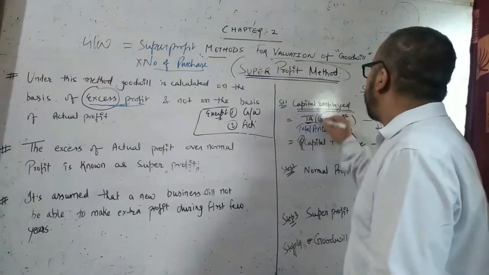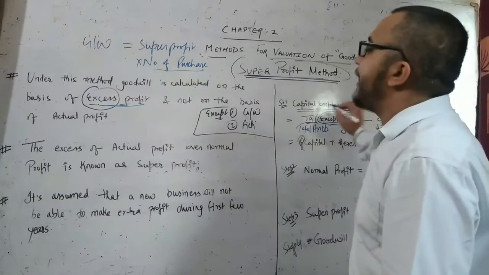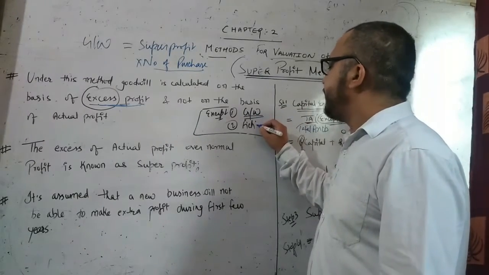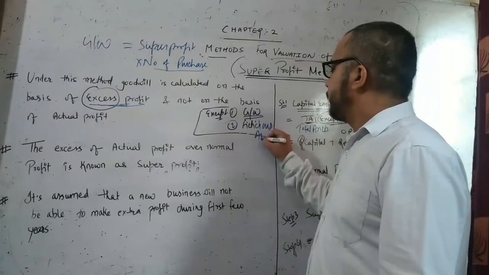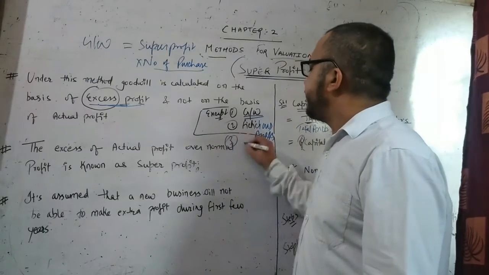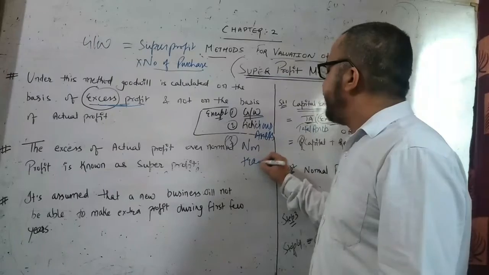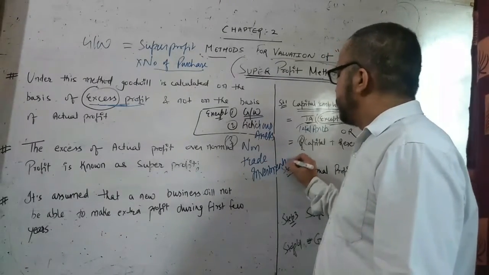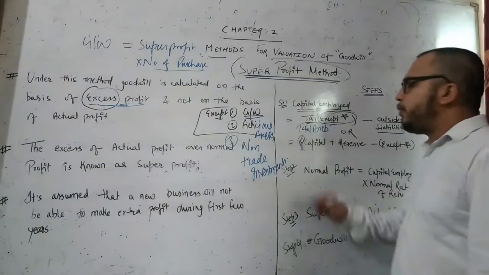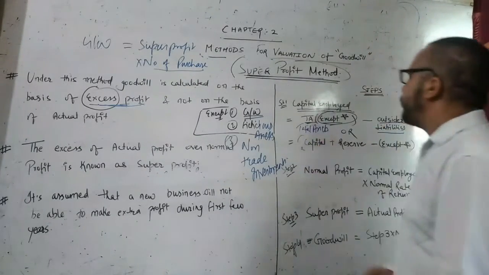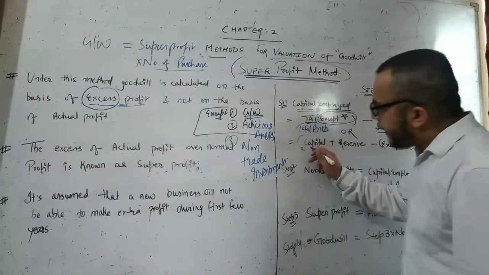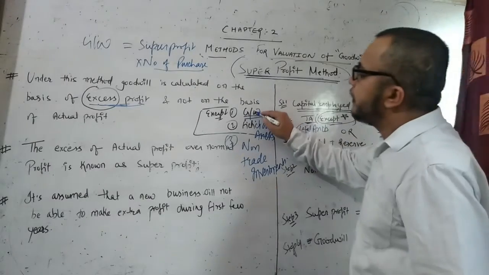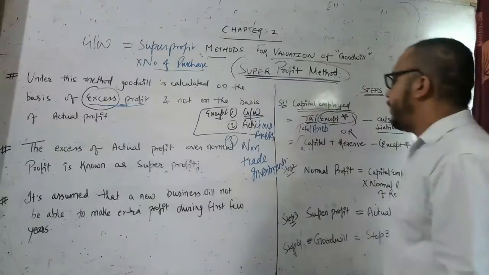Here one thing you should note: total assets means assets except goodwill, fictitious assets, and one more thing, that is non-trade investment. Now, there is one more approach which you can follow for computing capital employed: capital plus reserves minus again the same three things: goodwill, fictitious assets and non-trade investment.